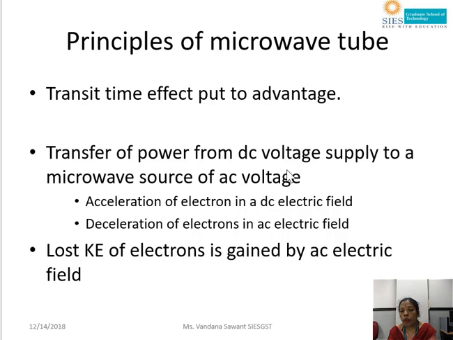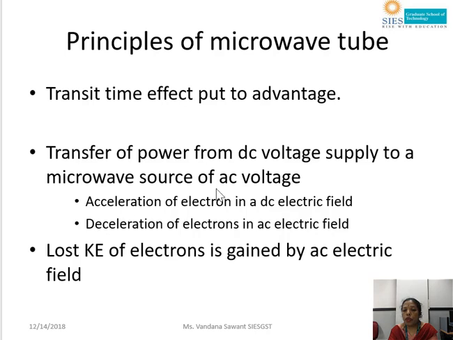The second thing is that, to make this transit time effect more advantageous and get the highest output power, they decided on a second principle: transfer of power from a DC voltage to the AC microwave signal can be done by using two processes. One is acceleration of electrons in the DC electric field and the other is deceleration of electrons in the AC electric field.